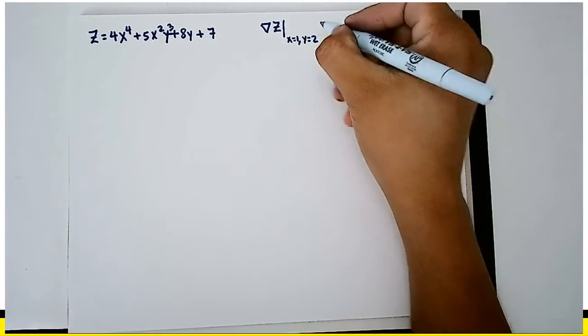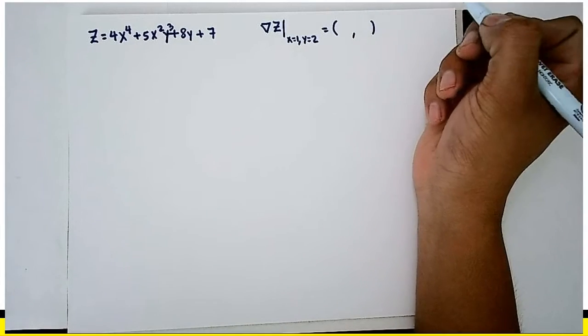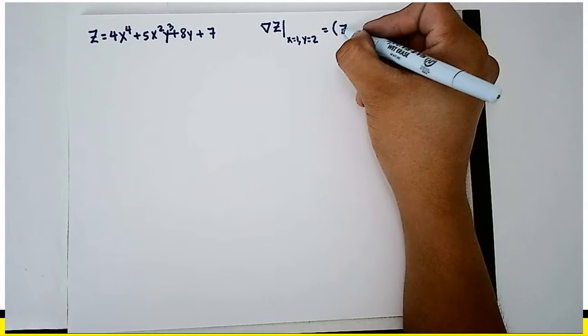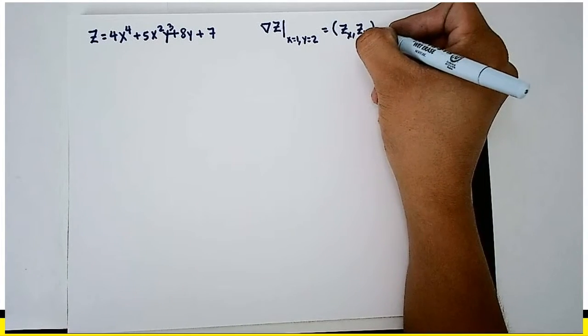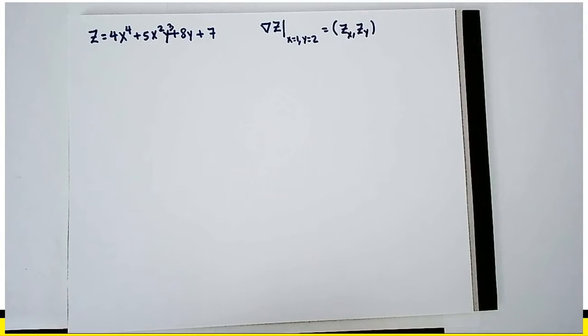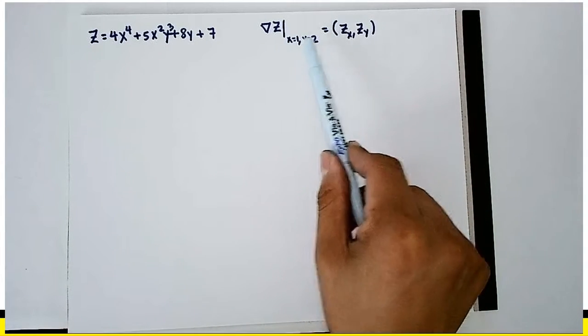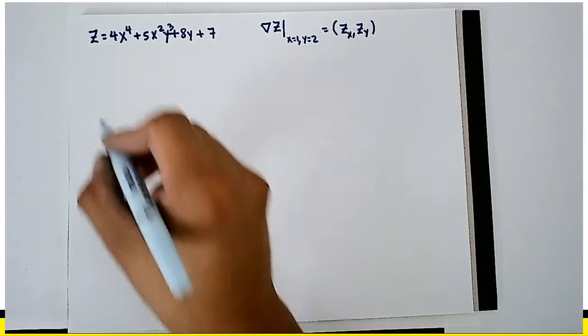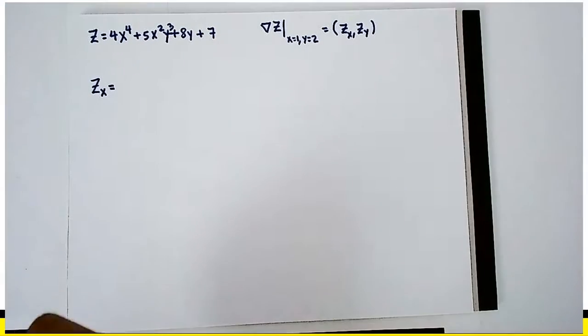Remember that the gradient is simply a point, and the first term is the partial derivative with respect to x, and then the partial derivative with respect to y is the second component. However, the difference is that here we will need to replace at the end with x equals 1 and y equals 2. So let's find first the partial derivative with respect to x.